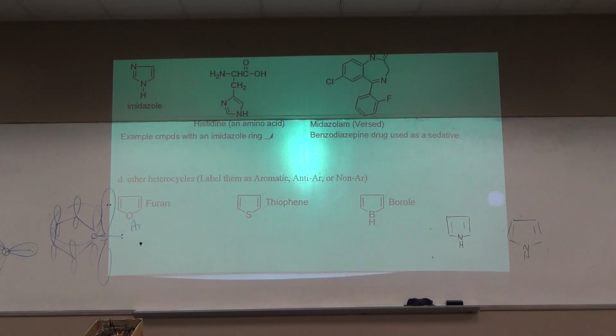How do you know that? Well, you can do things like NMR and other things, and you can determine. Yes, they're both aromatic, but like I said before, there's degrees of aromaticity, how much, etc. That's bad for this.